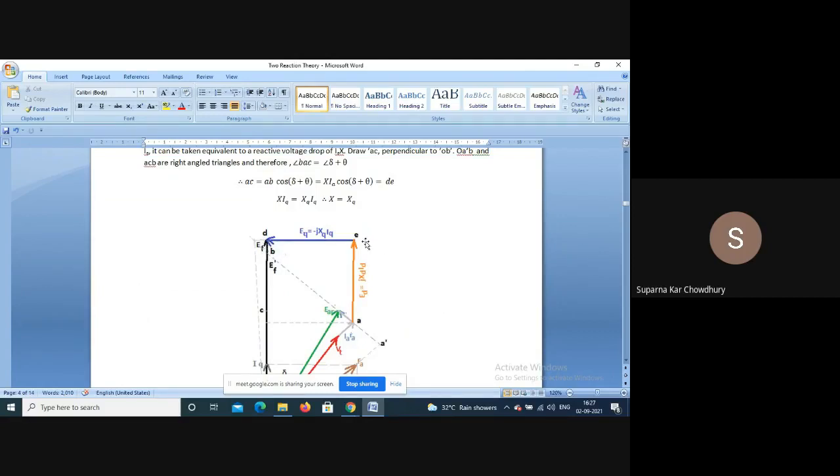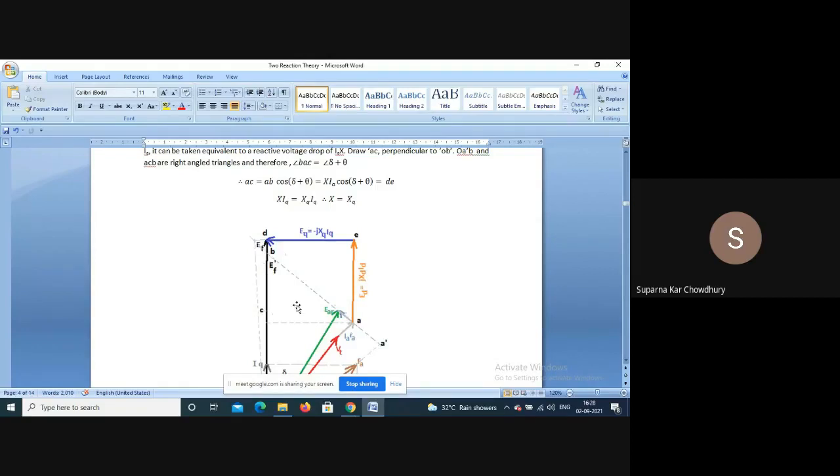Now BD is equal to AE minus CB. Now AE is IdXd and CB is AB sine of delta plus theta. This is XqIa sine of delta plus theta.